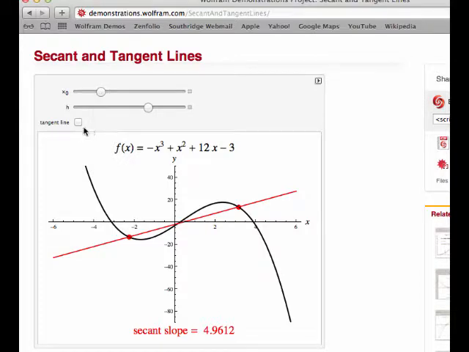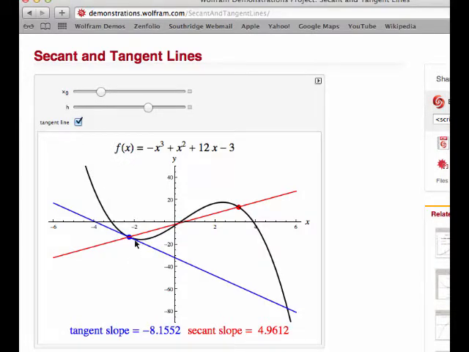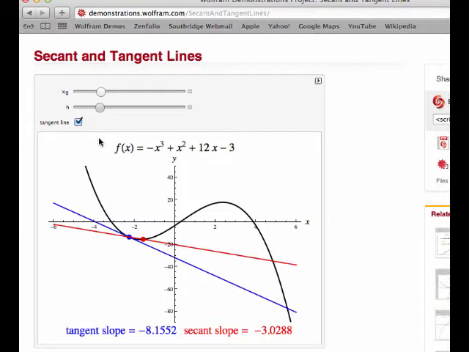Alright, now the tangent line, I'm just going to flip it on. The tangent line for this curve, if I talk about the tangent at this point, is right there. Now the question is, why is that the tangent line versus, let's say, a line that goes like so? Alright, so the whole idea is that as these 2 points, which in my previous diagram I called P and Q, as I move this point closer and closer to this other point, I'm going to shrink the H unit down. Notice that the secant line is getting closer and closer to the blue line.